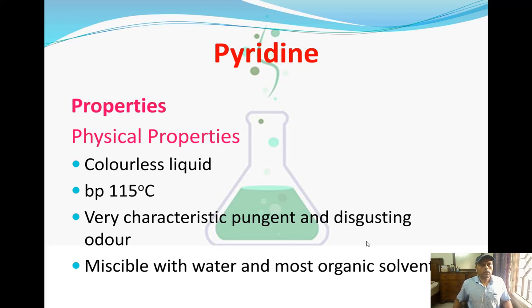Next, we'll look at the properties of pyridine. First one is physical properties. It's a colorless liquid with a boiling point of 115 degrees centigrade. It has a very characteristic pungent and disgusting odor. You have come across pyridine in the laboratory, and you are very reluctant to take the odor.